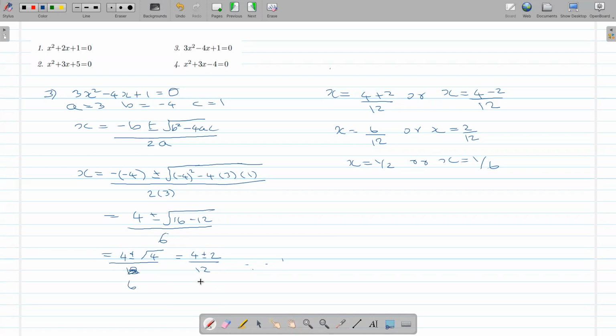Previous question, 6. So this is 6. Here, here, and here, and here. So 6 over 6 is 1, no?